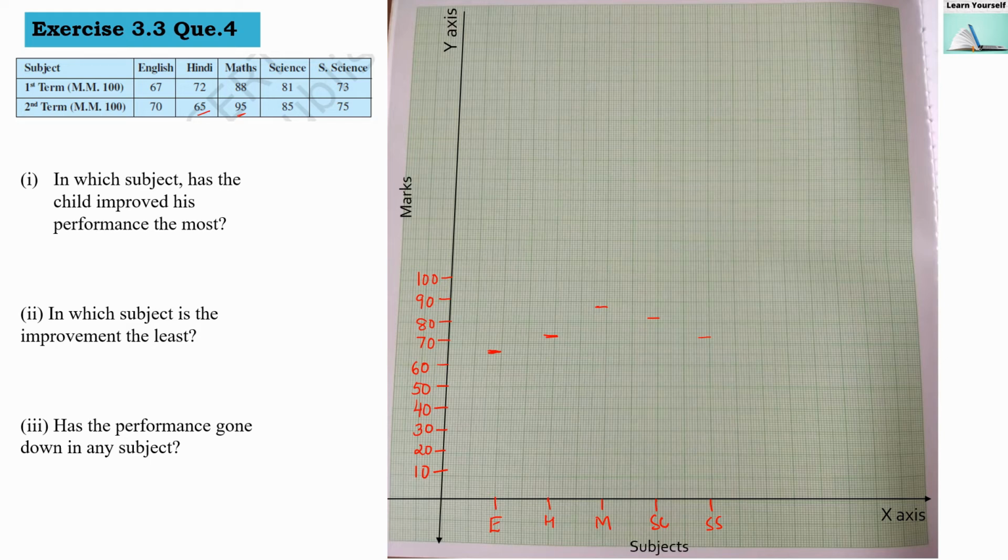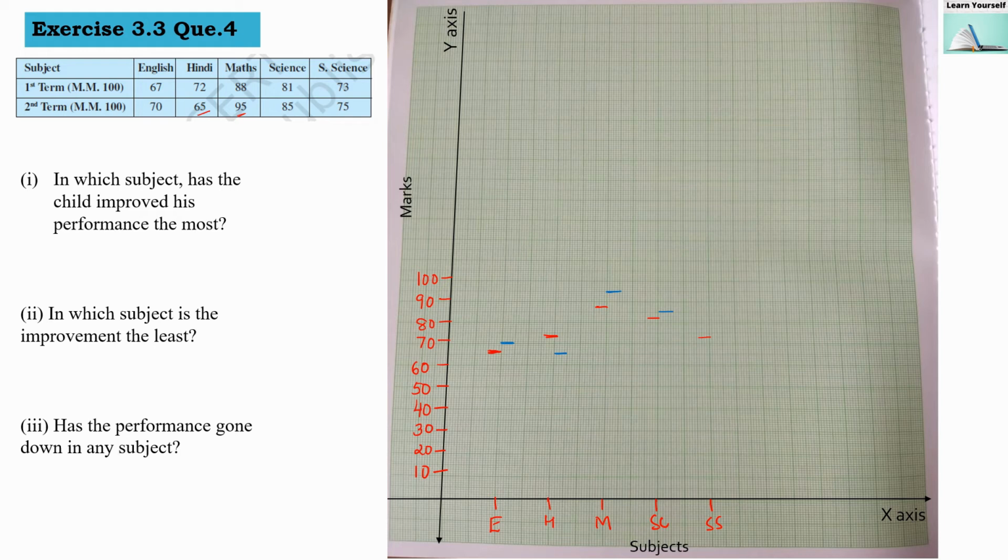Now similarly we are going to mark the readings for term 2, and for term 2 in English the student has scored 70. So I am going to mark it over here. Then for Hindi he scored 65. So 65 will come here. Then Math he scored 95. For Science he scored 85.